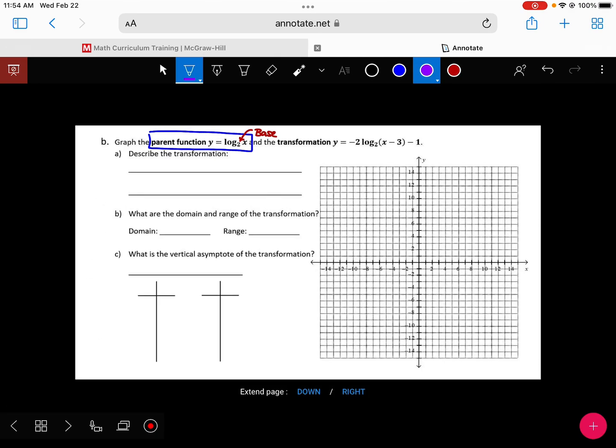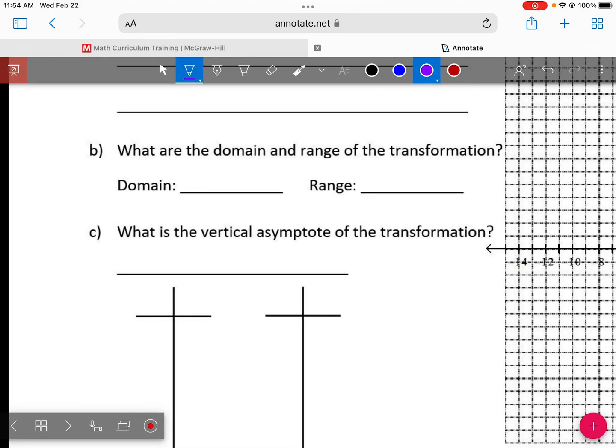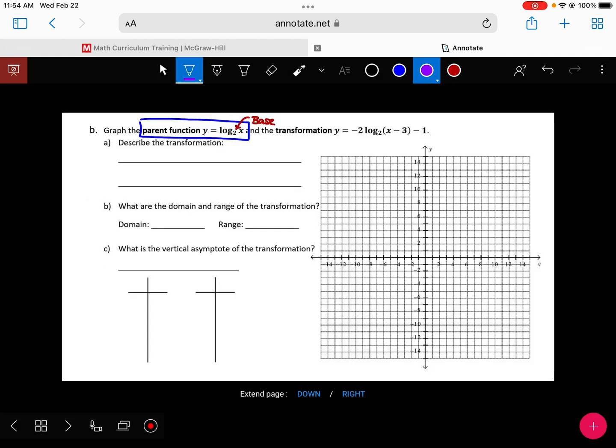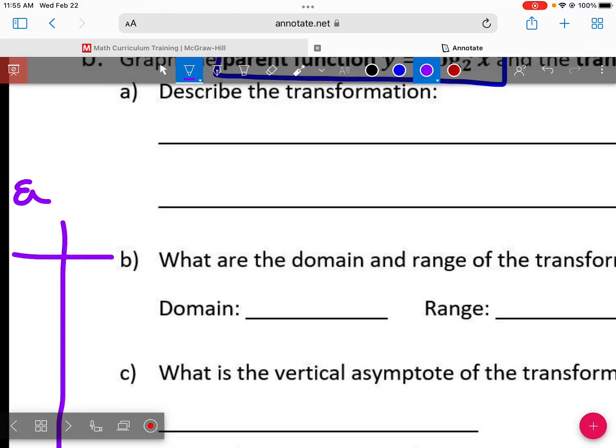What do I need to do before I can graph that parent? What do I need to do off to the side so that I can graph that parent? Yep, we're going to do an exponential table off to the side. We're not going to graph this guy.